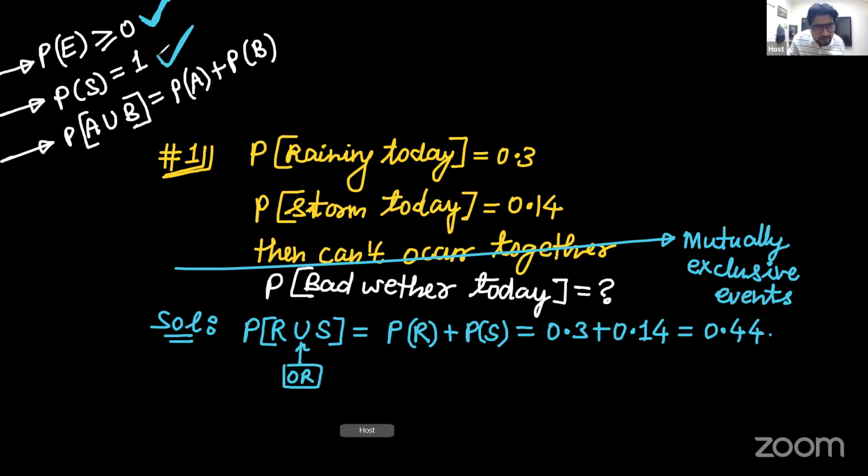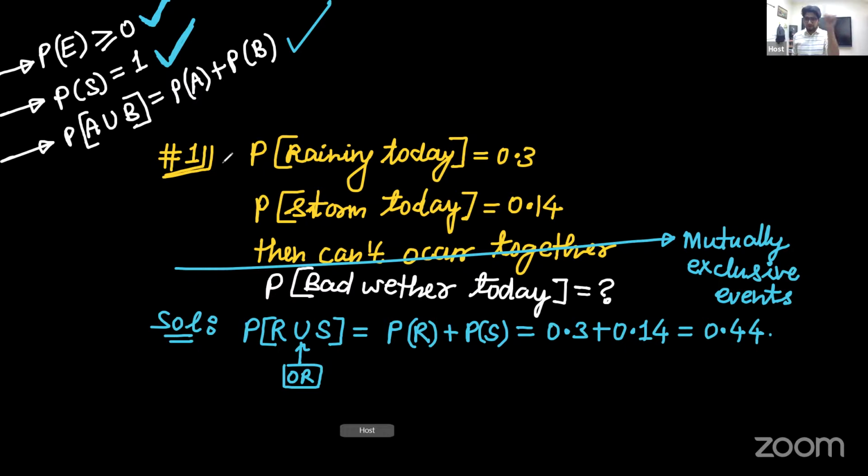I understand this also: sample space means every single possibility, so there are 100% chances that something will happen in the sample space. But I don't understand the third one, sir. That's the problem. This is an axiom. An axiom is something that you have to accept.